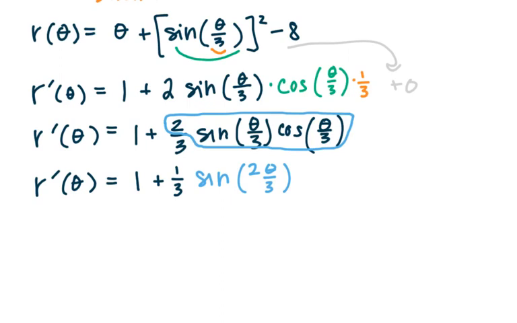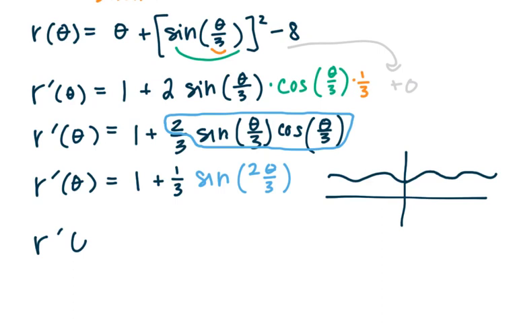All right, and if we graph this, if we think about our graph, we get a sine curve that is always above the x-axis. And so what we can say is that r prime of theta, every output I'm ever going to get for this function, is always going to be positive.